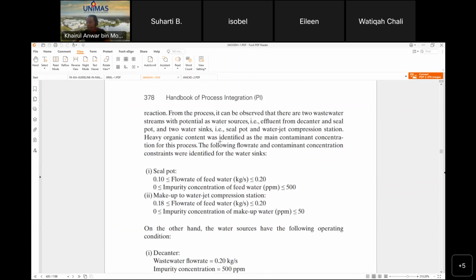Heavy organic content was identified as the main contaminant concentration for this process. The following flow rate and contaminant concentration constraints were identified for the water sinks.